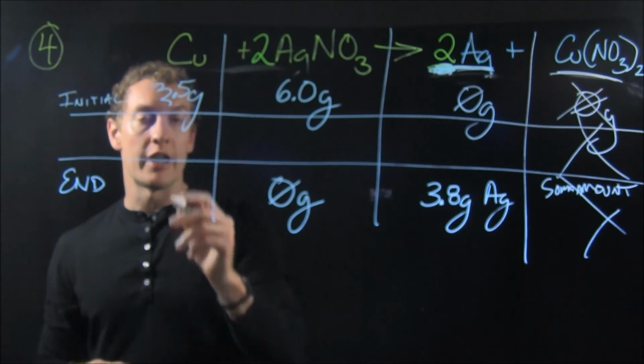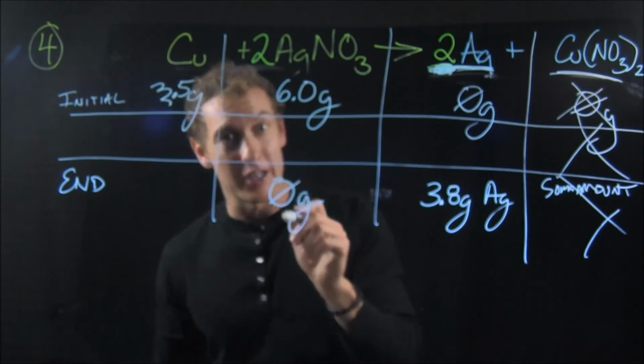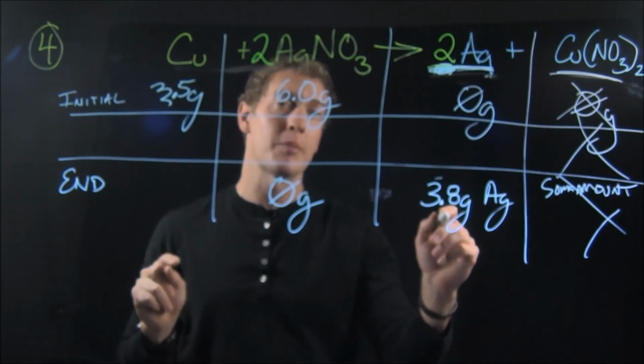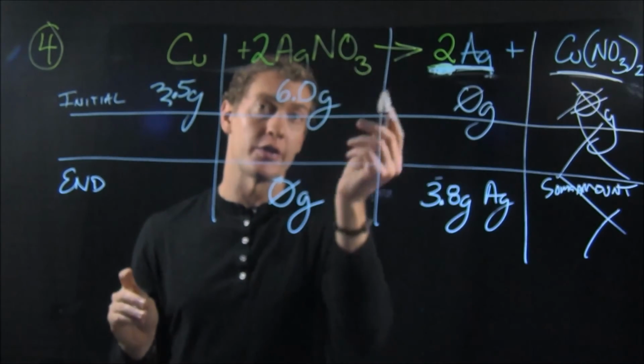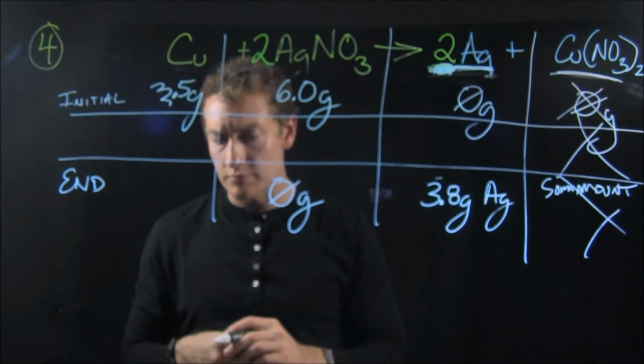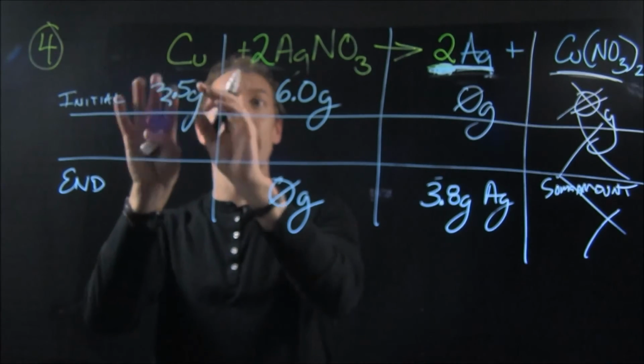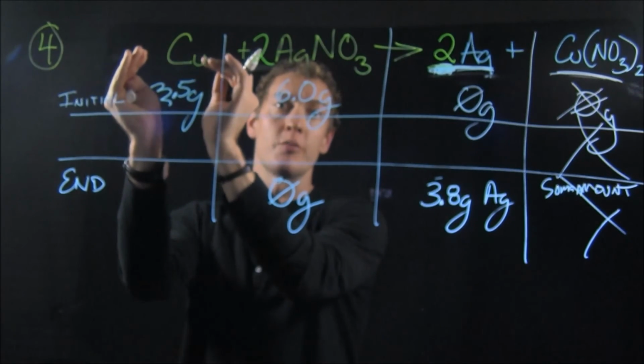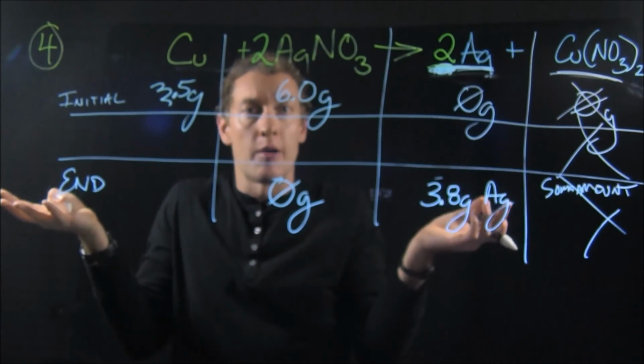Now, copper, on the other hand, we said that it was the excess reactant. So it could make more silver than 3.8 grams, but not by itself. It has to have silver nitrate to react with. So some amount of this 3.5 grams of copper is going to be used, but I don't know how much, right?